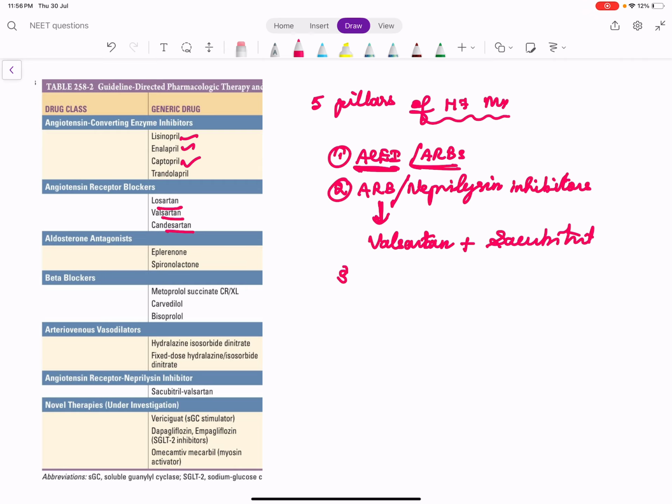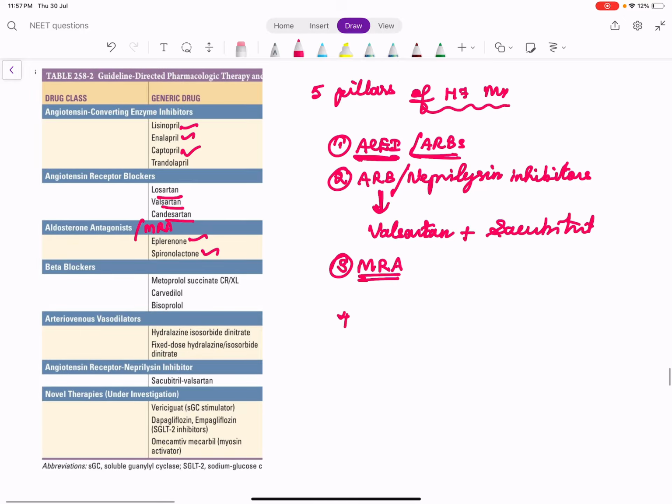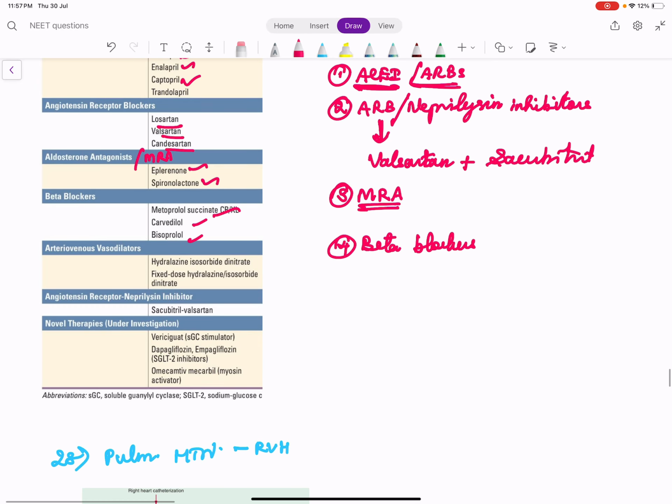So the next pillar of heart failure management is mineralocorticoid receptor antagonist or aldosterone antagonist: eplerenone and spironolactone. Then we have beta blockers: metoprolol, carvedilol and bisoprolol. And we have SGLT2 inhibitors.